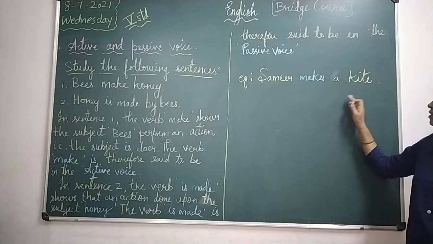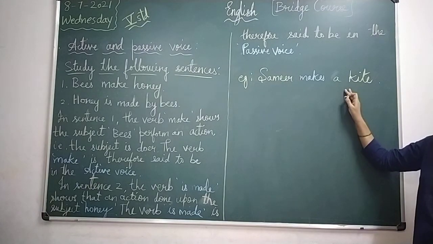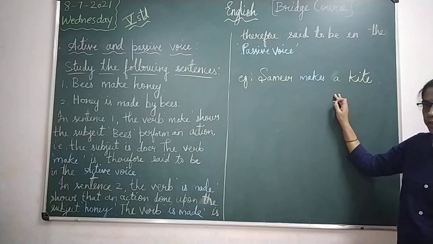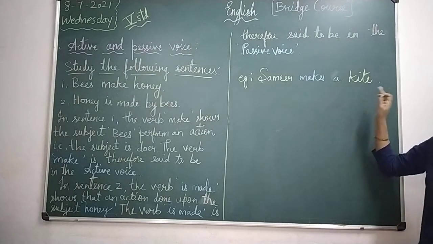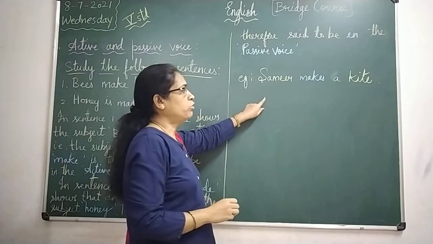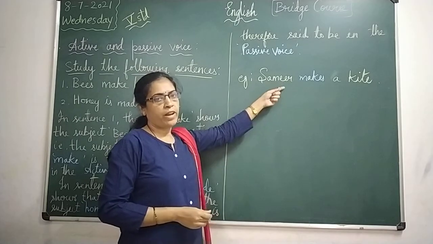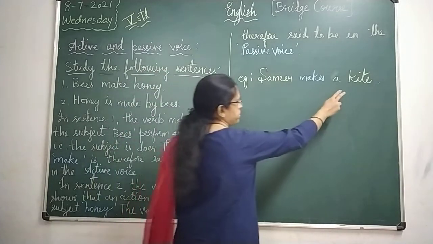The object here is kite. The object of the verb in the active voice becomes the subject in the passive voice. So when we change the sentence from active to passive, the object becomes the subject.